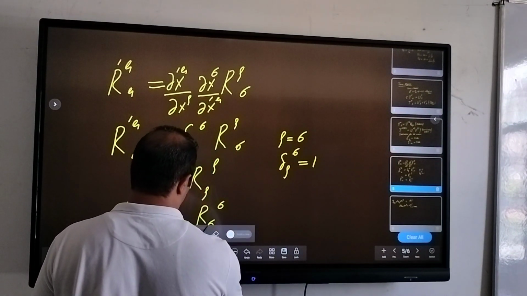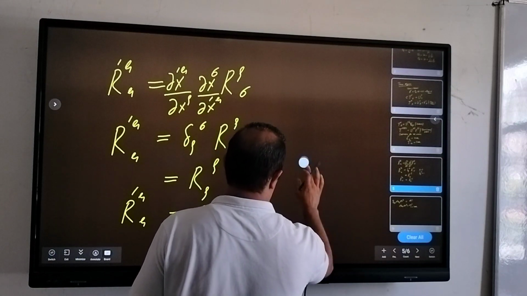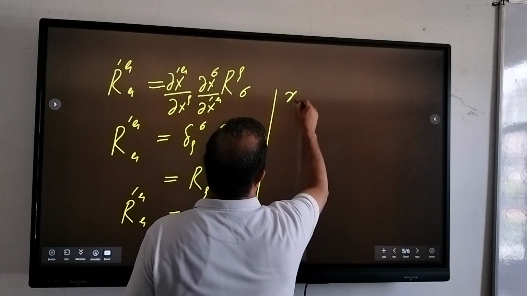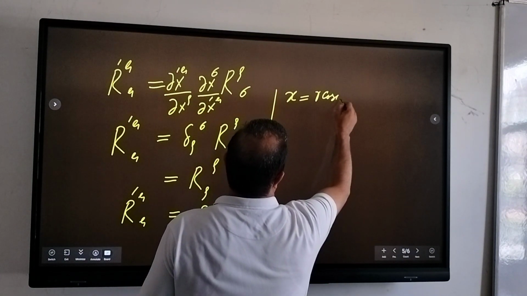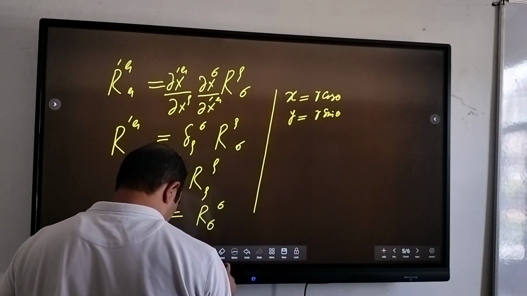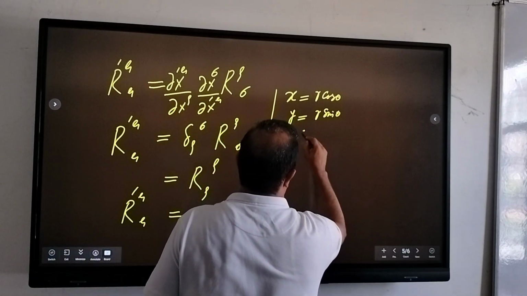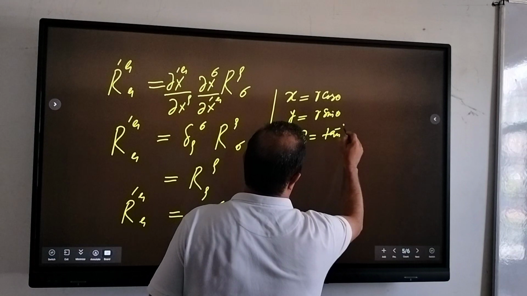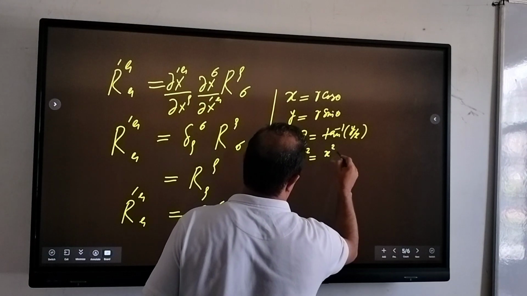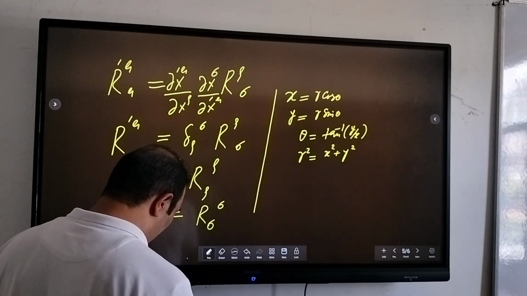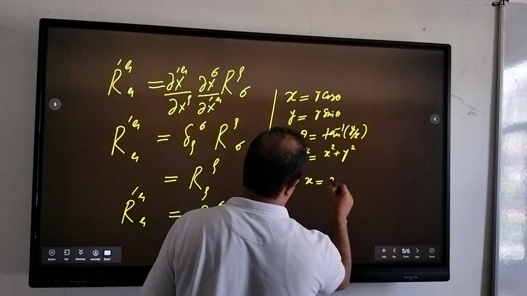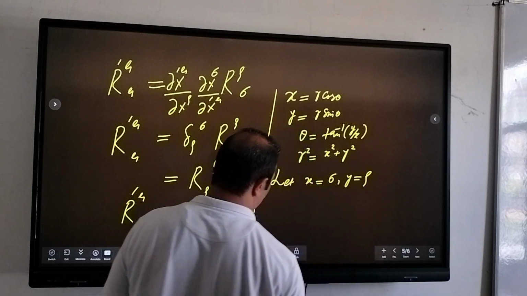So if you write it here, okay, because we know that x equal to, and that theta will be equal to, or you can add that r square will be equal to x square plus y square, right? And we can put here, let x be equal to rho cos sigma and y equal to rho sin sigma. Okay.